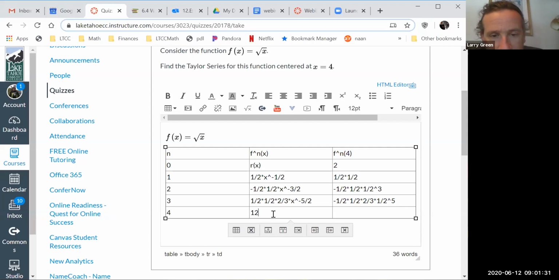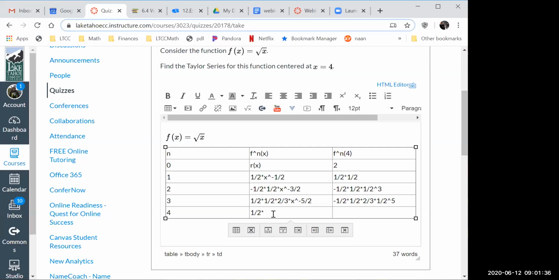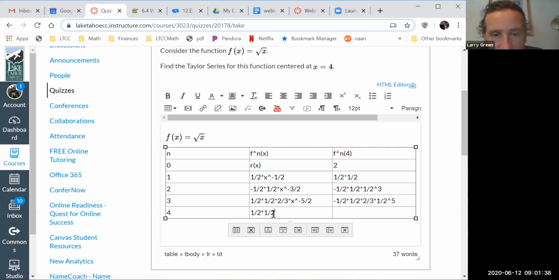So we get 1/2. I know it's getting long, but hopefully we'll see the pattern at this point. Times 1/2 times 2/3, and then times 5/2, and it's a negative in the front. x to the -7/2.